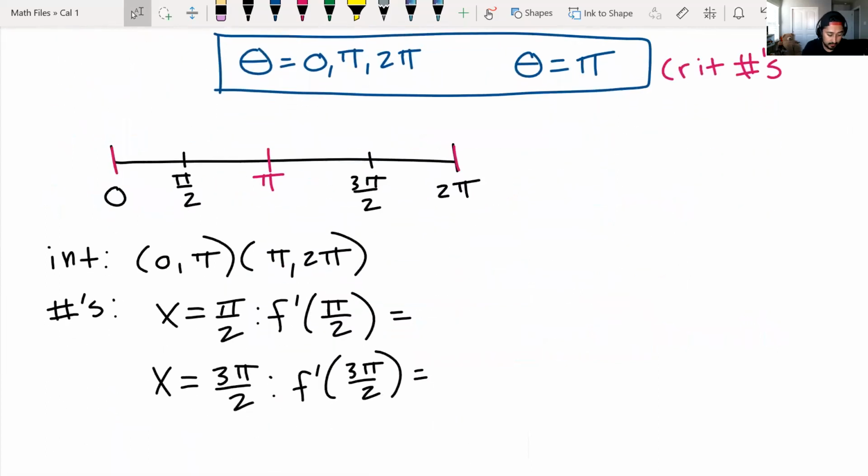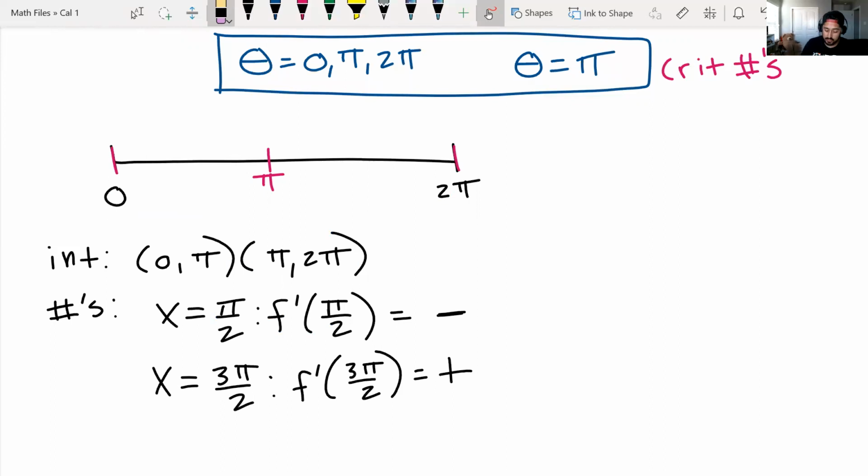At pi over 2, we get a negative value. At 3 pi over 2, I get a positive value. So once again, I'm going to get rid of these markers just because I put them there just so we can see how to space out our unit circle, our number line.